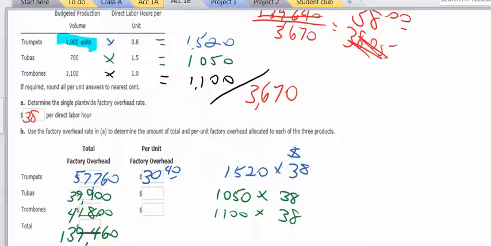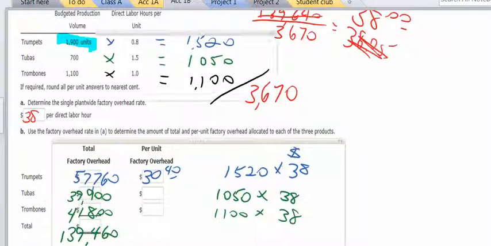You'd continue on doing that for each one of the units, where you would take the total cost for the tubas, 39,900, divide that by the number of tubas, 700, and you'd have your result. Trombones, same.